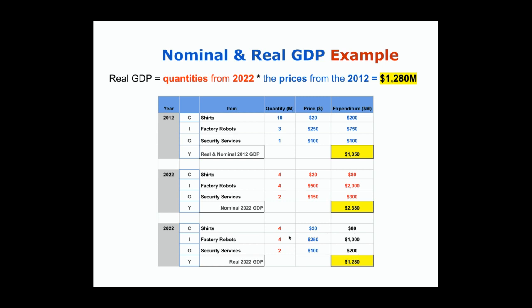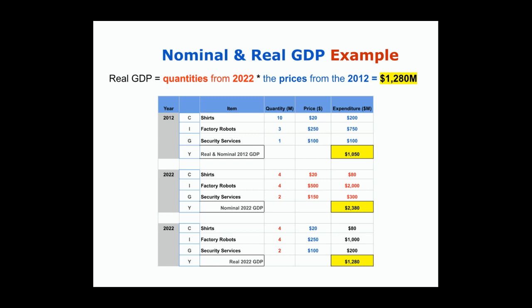And so you see, when we use the current quantities and the prices from the base year, we get a different number. Yes, the total value is higher. It's $1,280 instead of $1,050, but it's not quite as high as it was with the 2380. Why is that? Because by using the prices from the base year and the quantities from the current year, we've isolated the changes in production, and we've factored out or eliminated the changes in prices.